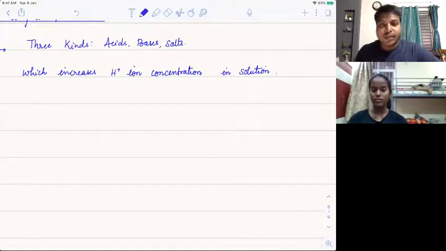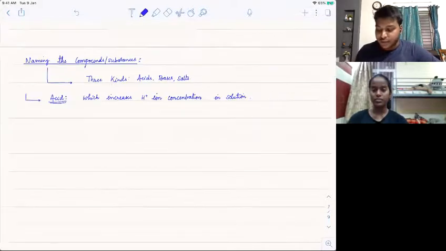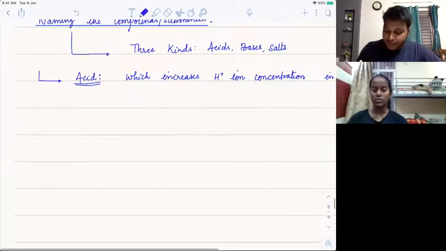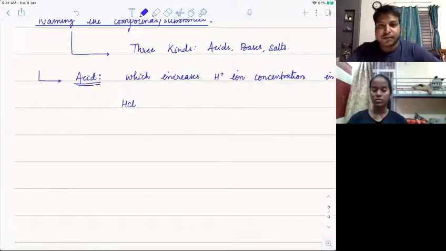Anything which can increase the H plus ion concentration in the solution is called an acid. Suppose I give you HCl, written this way. Is HCl an acid?